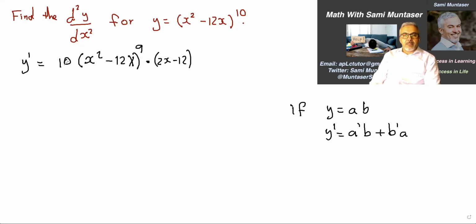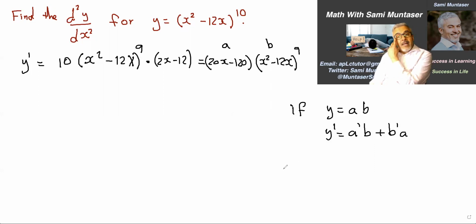To make this easier, I'm just going to distribute the 10 into here and into there to make it look like A and B. So when I distribute that into there, I'm going to get 20x minus 120. And then we have the x squared minus 12x to the power of 9. So this is being A and this is being B, because there's going to be a lot of stuff written in there.